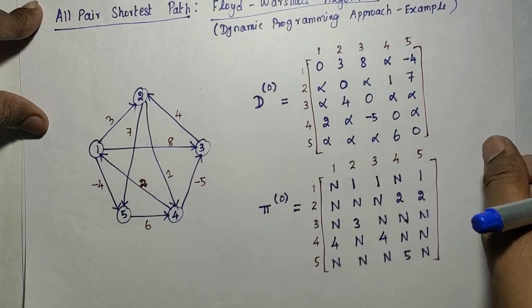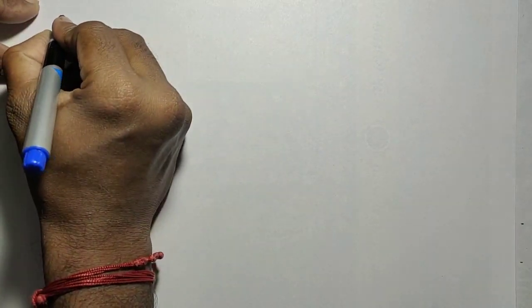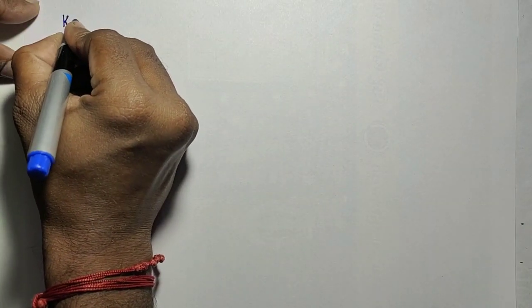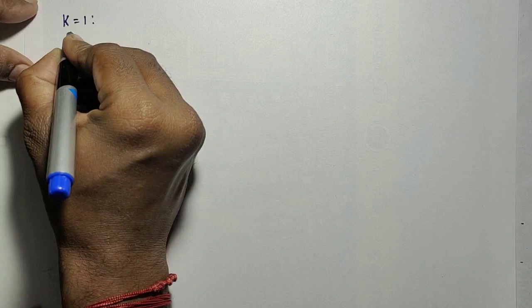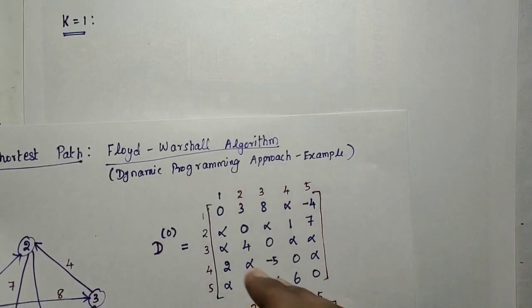So let us start the iterations. The iteration starts from k equal to 1. So this is iteration number 1. The procedure is simple. If you listen clearly, it will be very simple.